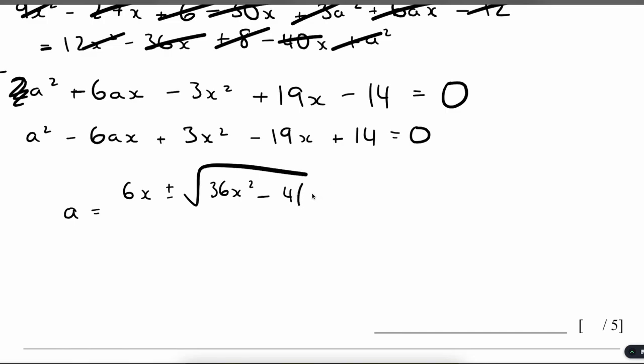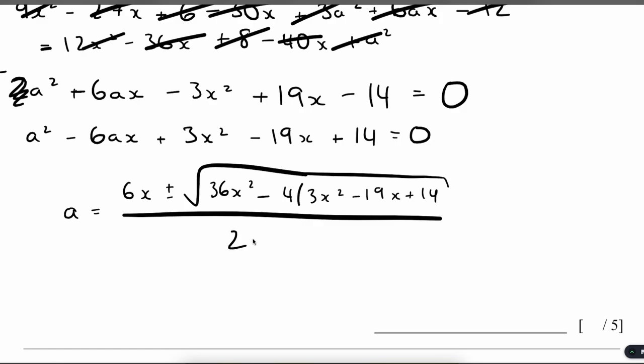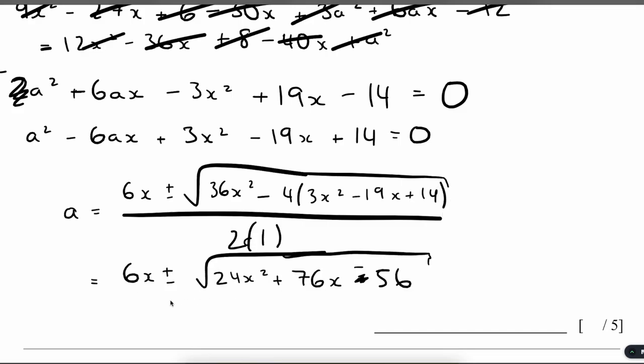A is 1, c is 3x squared minus 19x plus 14, all over 2a, which is 2 lots of 1, and you should end up with 6x plus or minus, and that's all over 2.